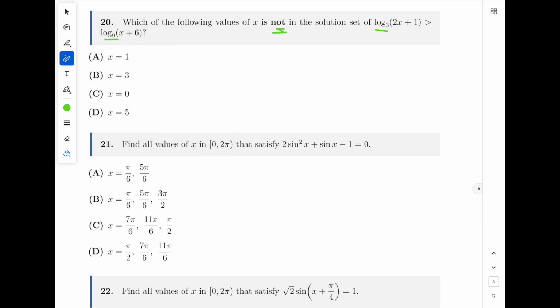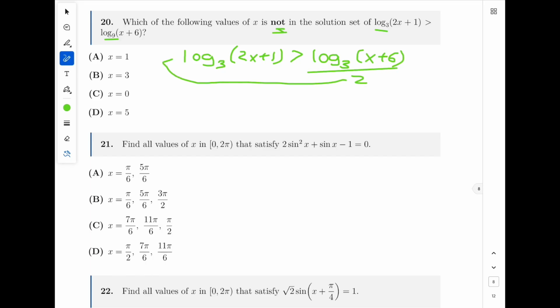So our inequality is basically log 3 of (2x plus 1) is greater than log 3 of (x plus 6) over 2. Now if I send this 2 to the other side and send it to the power, I essentially have log 3 of (2x plus 1) squared is greater than log 3 of (x plus 6).